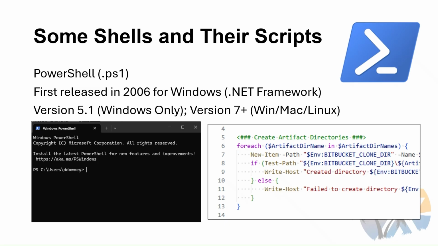However, in order to make it cross-platform, they had to pull out a ton of the functionality of PowerShell. So to this day, some people still use version 5.1 because they say there's more features available in there than even the latest versions, because they had to redact a bunch of capabilities. I actually don't know enough about PowerShell to say if that's true or not, but that's why you will see 5.1 being used, even though they're on a much later version at the moment.